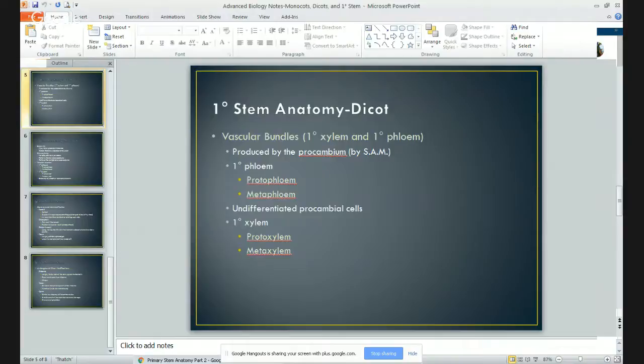Your epidermis would be on top and your pith would be on the bottom. So this would be a vascular bundle towards the top of that particular dicot stem, on the outer edge. We're going to start from the top, towards the epidermis, and then go down towards the pith end. Right at the very end of your vascular bundle, closer to the epidermis, is what's called a phloem fiber cap.